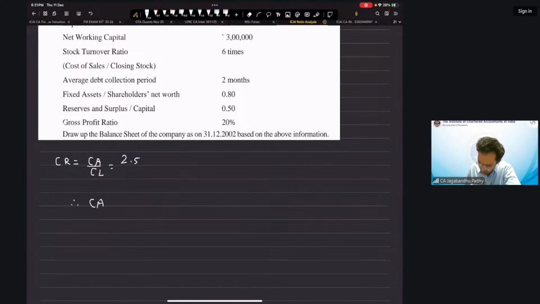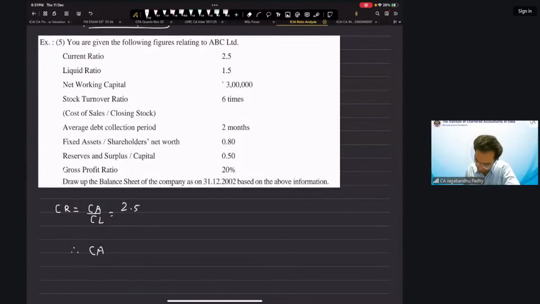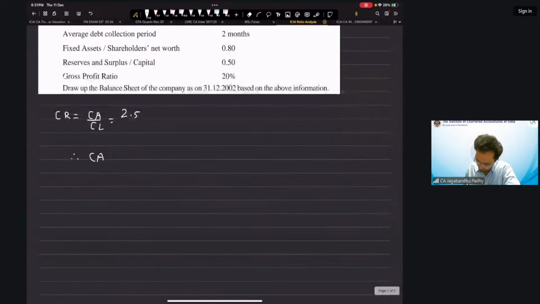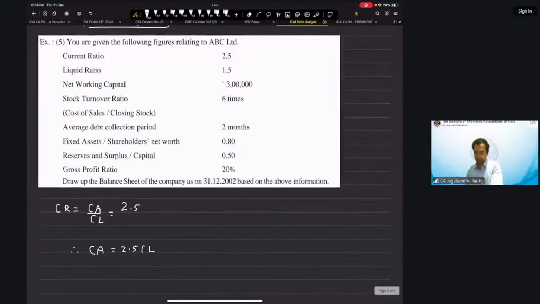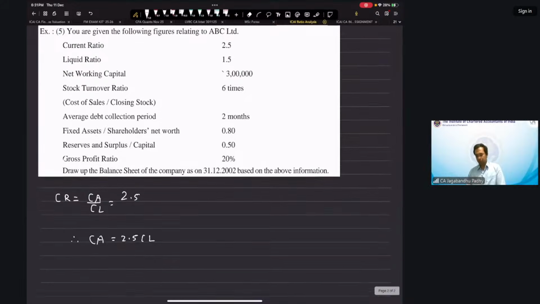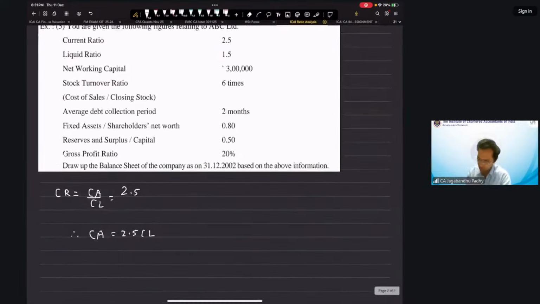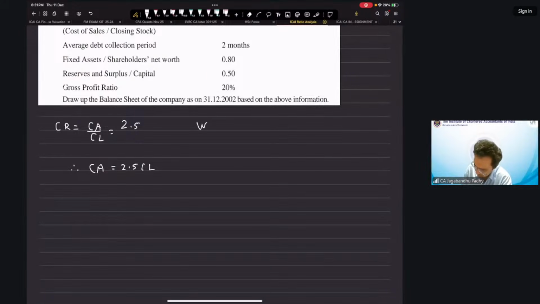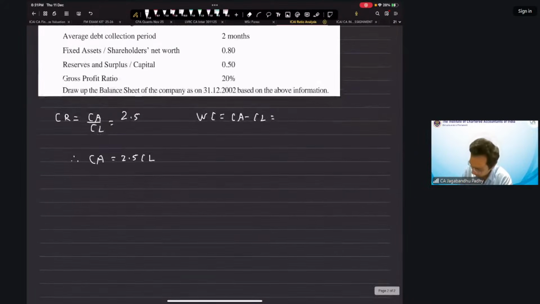So we'll say current asset is 2.5 times of current liability. Then we have the working capital given to us. So working capital is current asset minus current liability, which is 3 lakh. So this is our equation number 1.